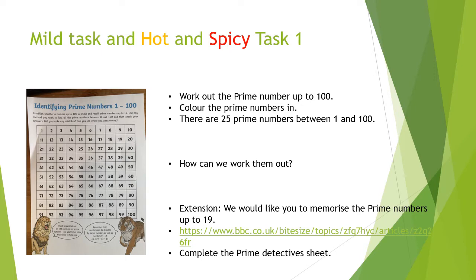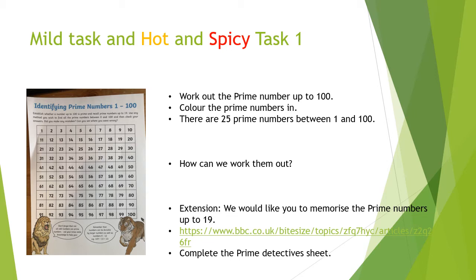But how can we work out what a prime number is? So we're going to use our times tables, okay? And we're going to go and look along and see if any of the numbers have more than 2 factors. Now remember, the first factor of a prime is 1 and the second factor is always the number.